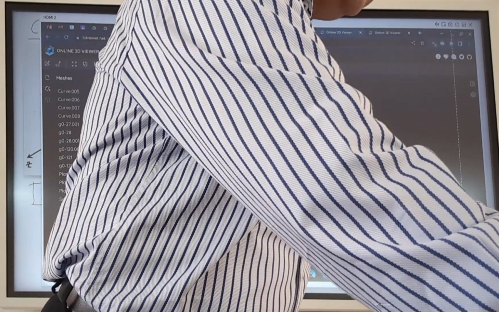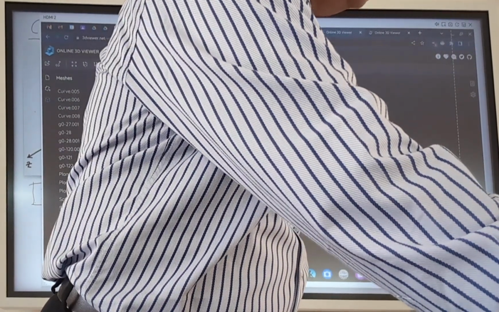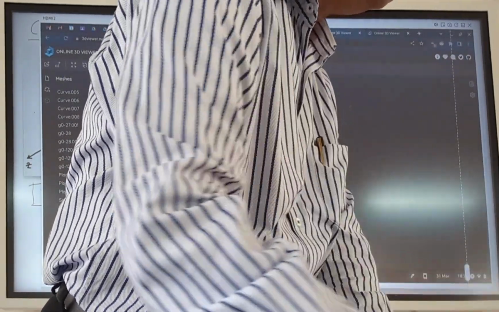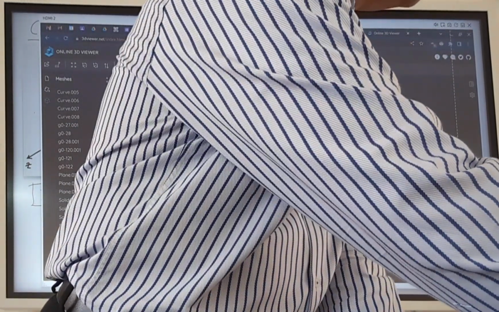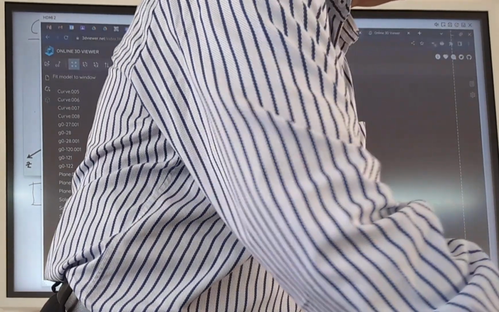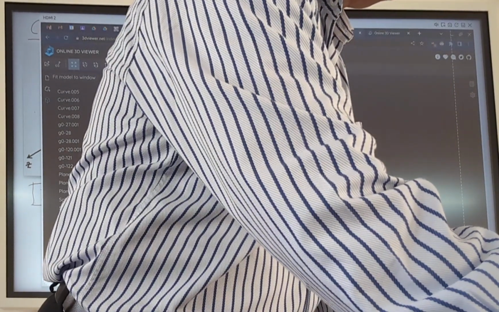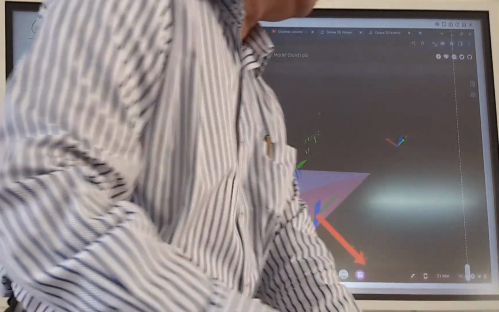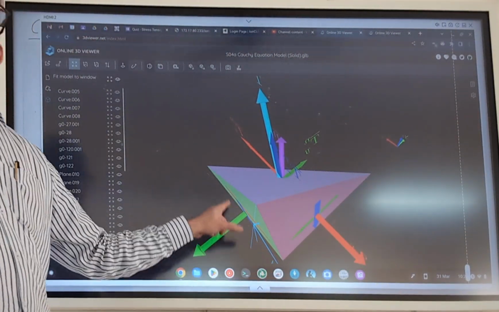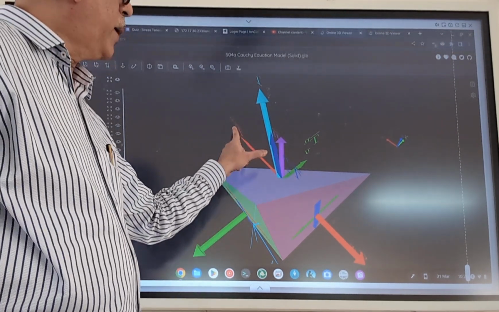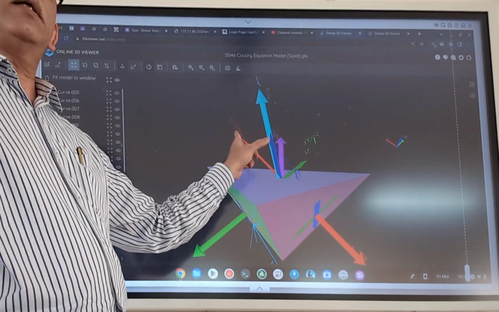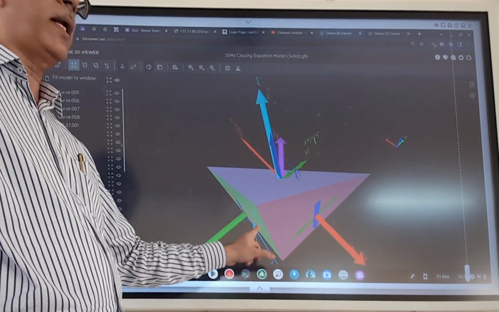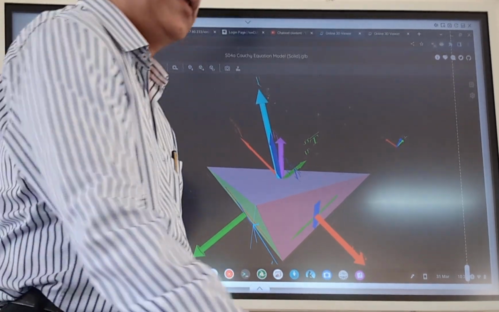I'm not able to slide it. Okay, so this is the face that we are talking about, and we are dealing with the x direction forces. So on this face, we have to determine what is the force acting along the x direction.